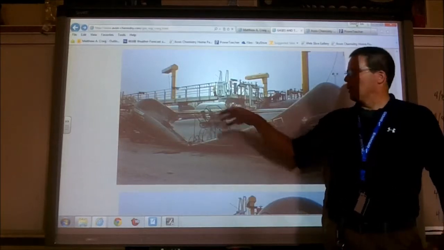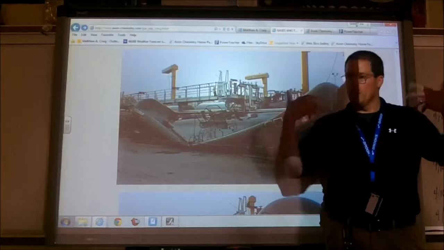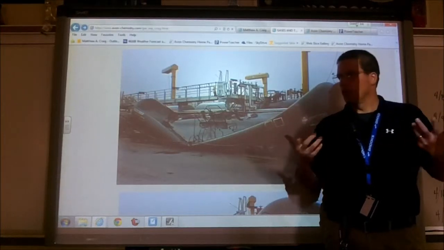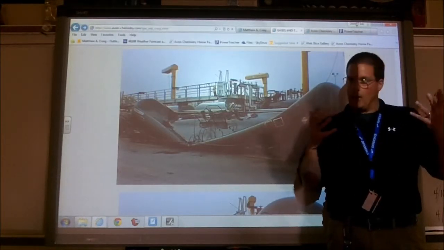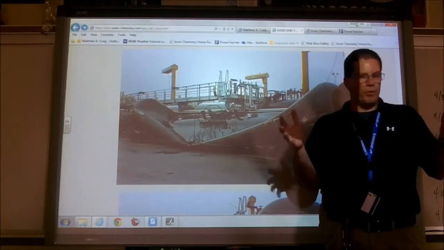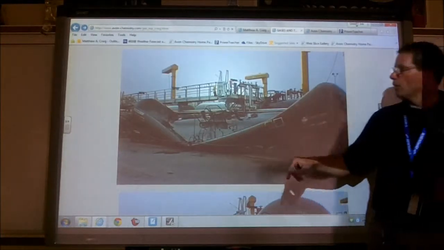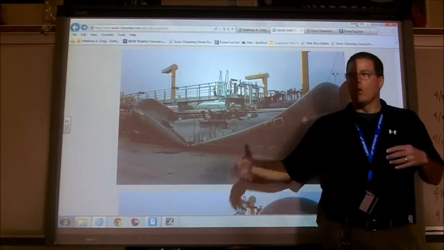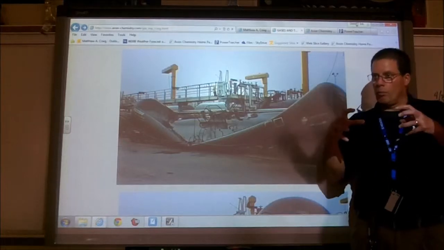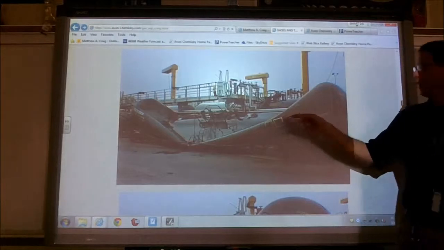They closed this whole tanker car up, and it was still warm inside while they were cleaning, and when they left it was still warm. But eventually that gas or that water started to cool down. Well, what happens to the volume of a gas when it cools down? It gets smaller. In other words, the pressure also goes down. As it got cooler inside, that gas compressed, which disturbed the equilibrium, and the atmosphere just crushed this thing.